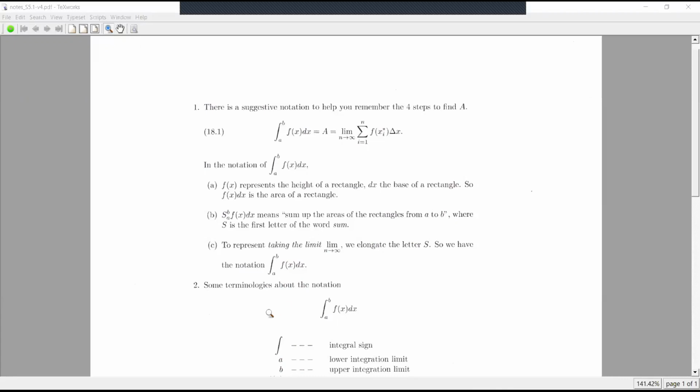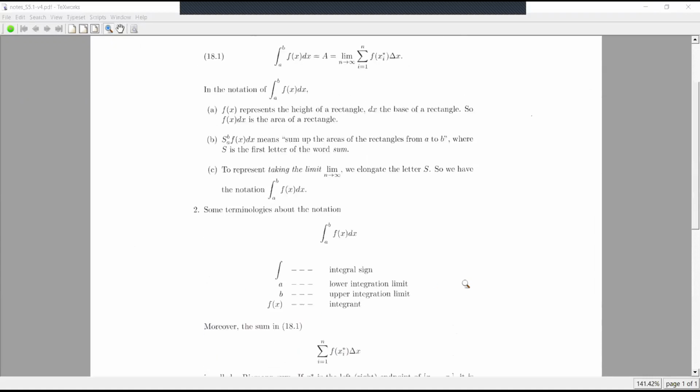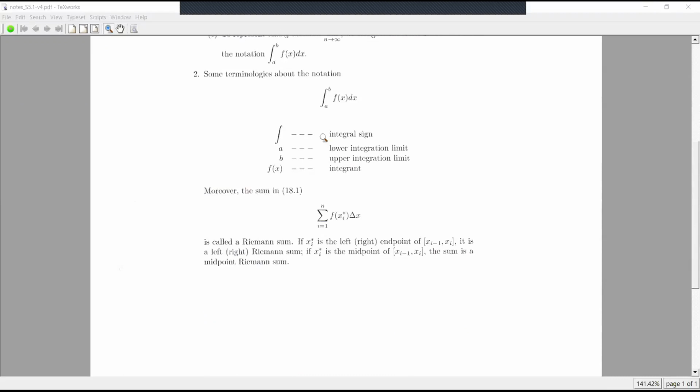Here are some terminologies about this notation. The elongated letter S, we call it the integral sign. We give a name to this symbol.